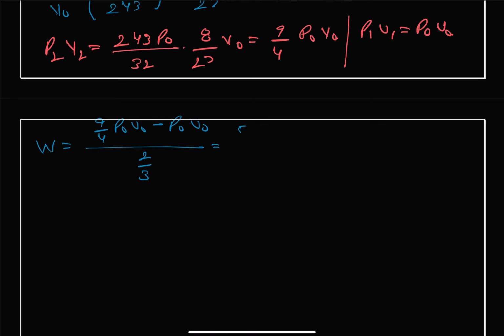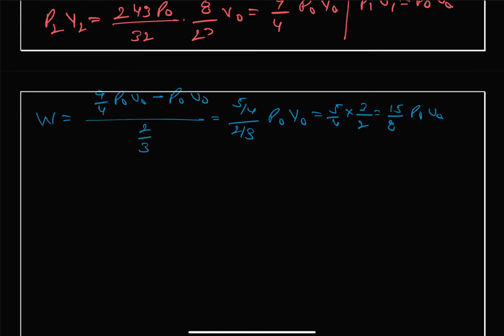So we get this as 5/4 divided by 2/3 P naught V naught, and this will be equal to 5 by 4 multiplied by 2 by 3 by 2, giving us 15 by 8 P naught V naught.